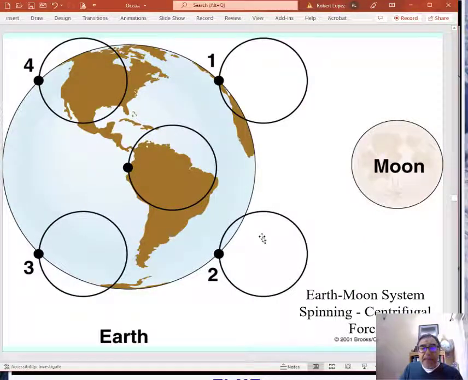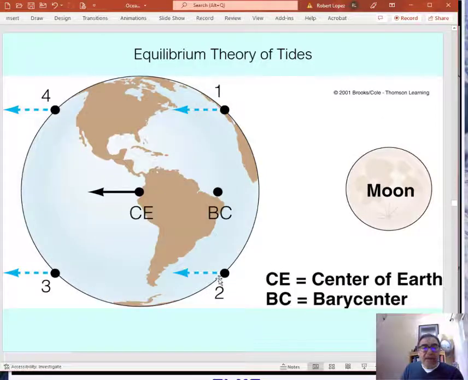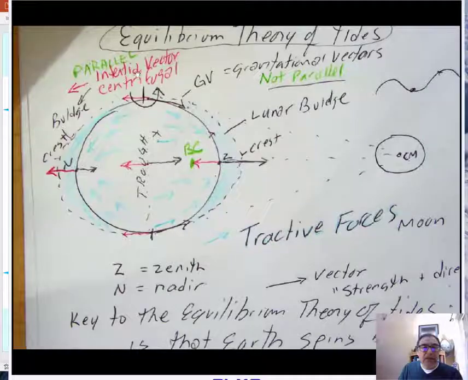No point on Earth is different because it's a whole planet and moon system that is spinning around that barycenter, right? And so that means that every inertia vector or centrifugal vector is going to be the same strength, and they're going to be parallel to each other. So that's another important point: these inertia vectors or centrifugal vectors are parallel to each other.